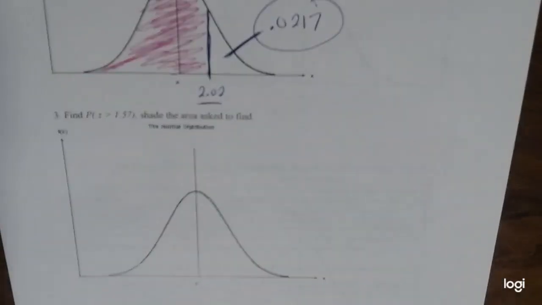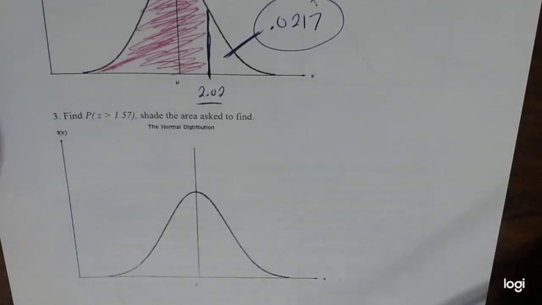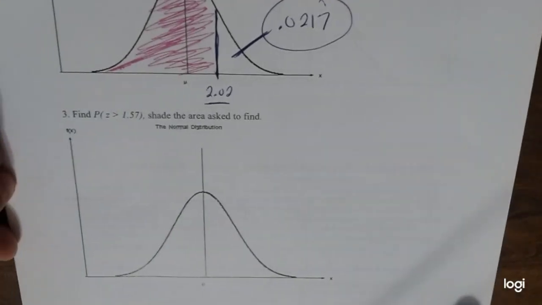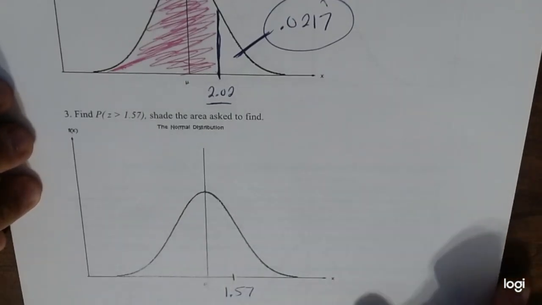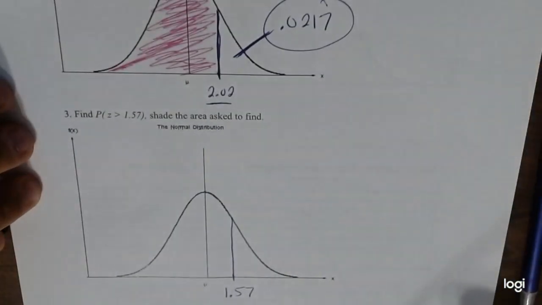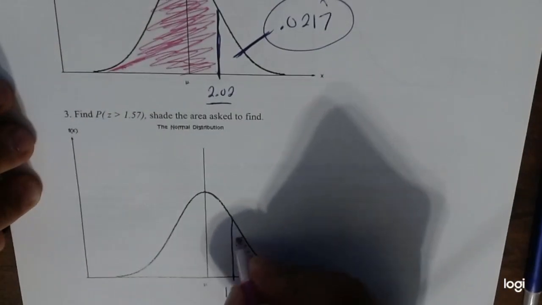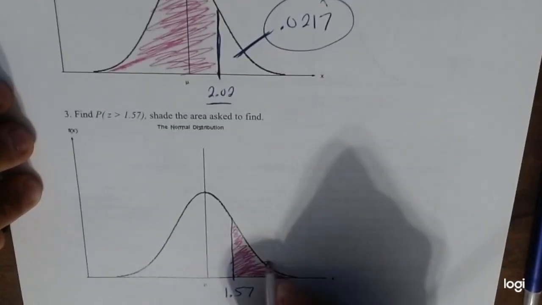So number 3. Find the probability of x being greater than 1.57. Right, so here's roughly 1.57. Here's our marker. But I want everything bigger than that, so I'm looking for this part now, everything to the right of that value.